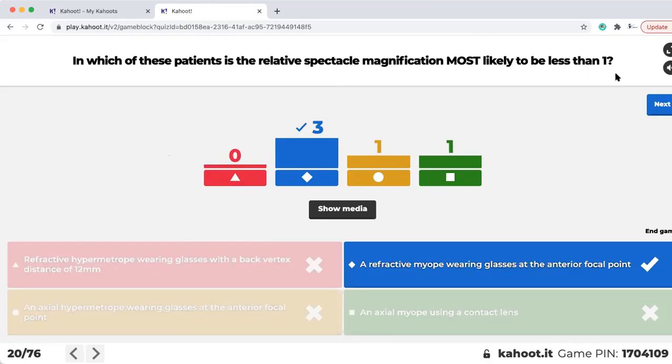A refractive myope wearing glasses at the anterior focal point, yes, this is correct. Because when the myopic patient puts the glasses further away, this will cause a minifying effect, as we mentioned yesterday, and then he should be corrected by contact lenses.